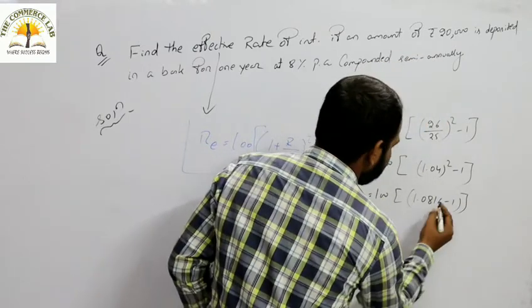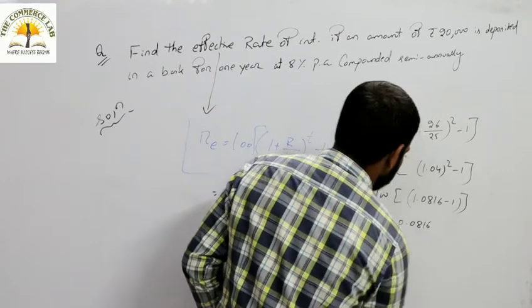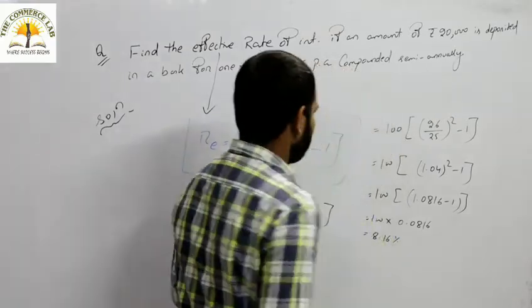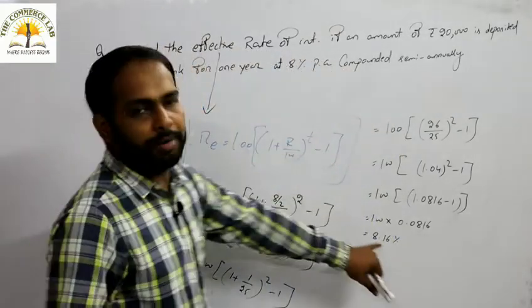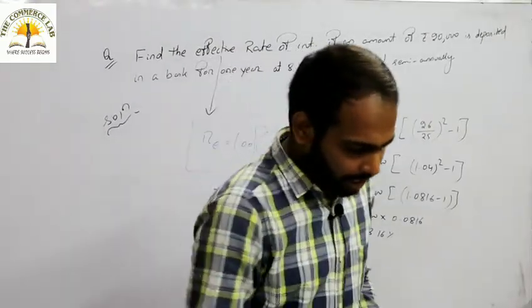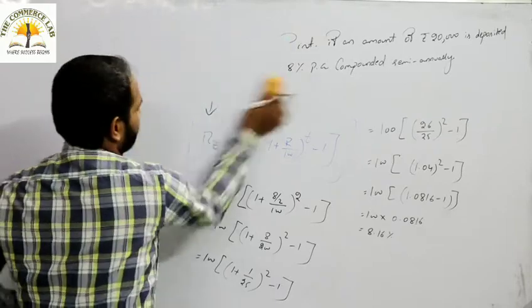Then 100 into 0.0816 is 8.16. So, the effective rate of interest is 8.16%. Fine. Then come for some examples. Okay.